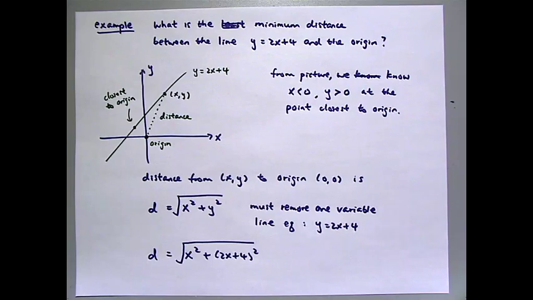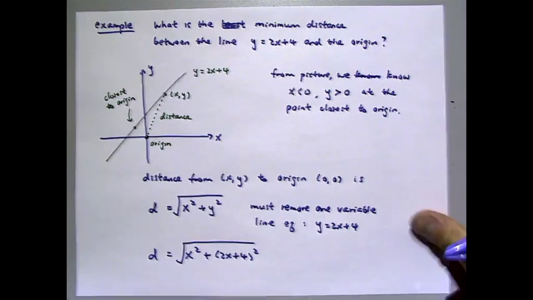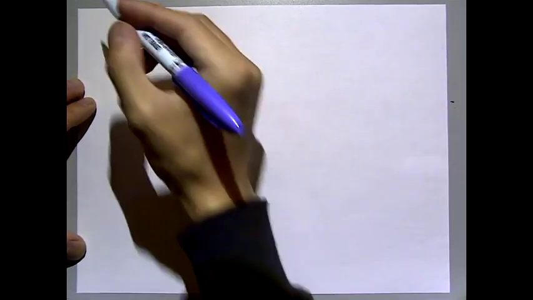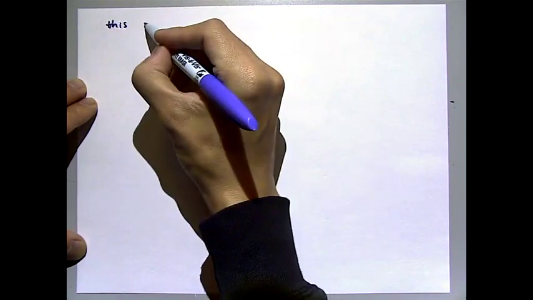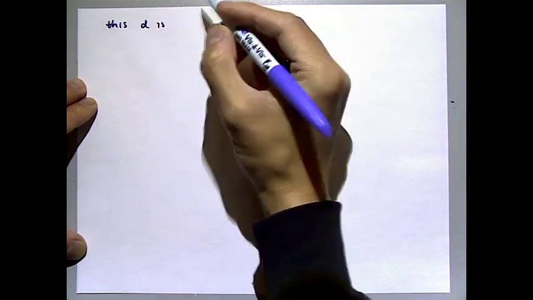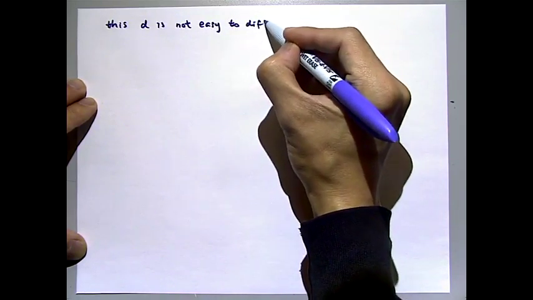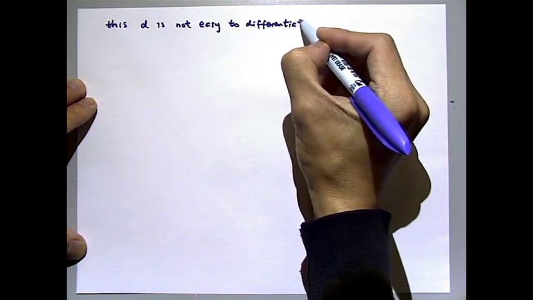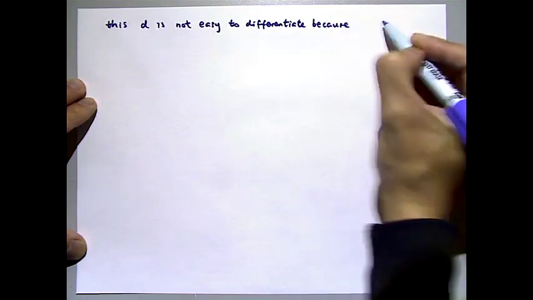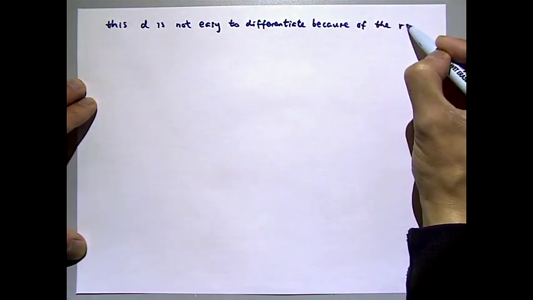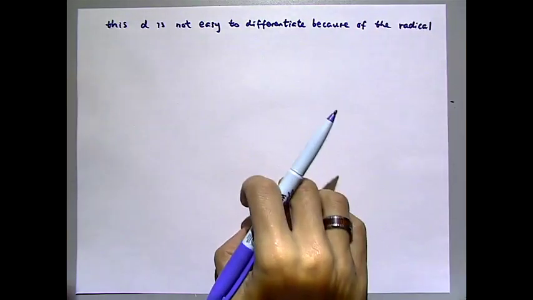The next step should be familiar to us. We find the critical number, check that. Before we take the derivative of this, though, there's one more thing we can do to simplify what we have to do. So I'll write down what's going on here. This d is not easy to differentiate, because of the radical, right?